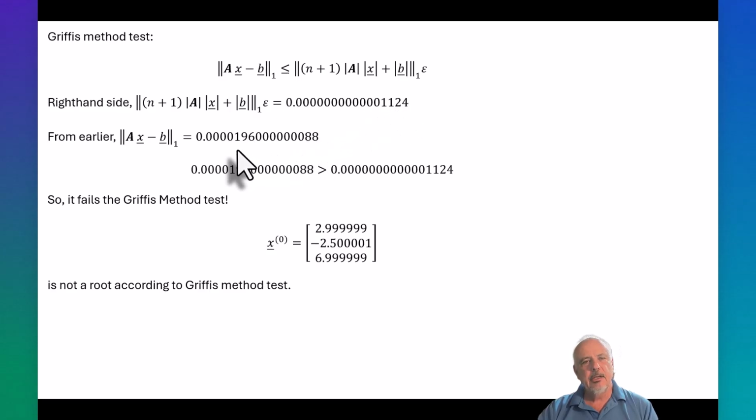So this AX minus B, the 1 norm of that, is way, way, way bigger than that Griffiths bound. So it fails the Griffiths method test. It's not a root according to the Griffiths method test. Okay, so very, very stark, very, very far from being a root to within floating point error.